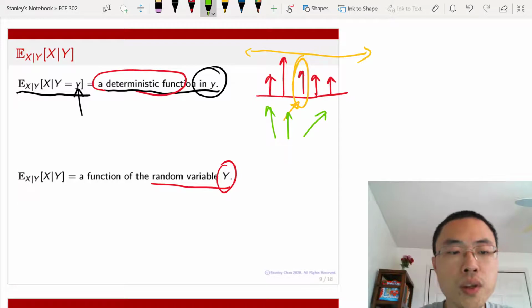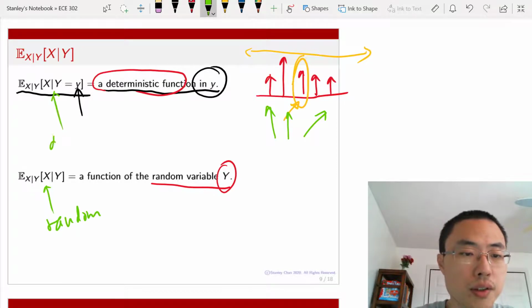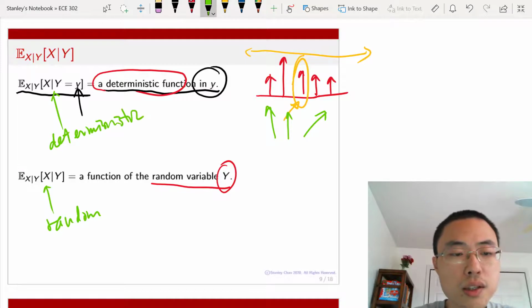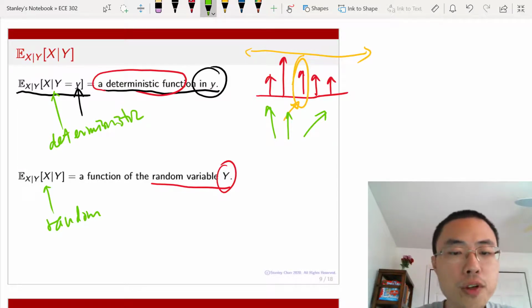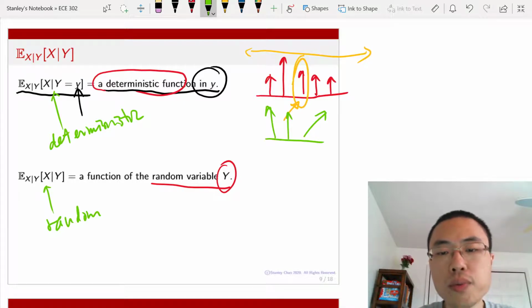If you do not specify which y you are landing on, you will get a random quantity. So this is random, and this is deterministic. It is a random quantity because you have a random y, no matter which y you pick.